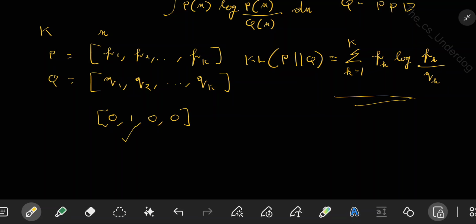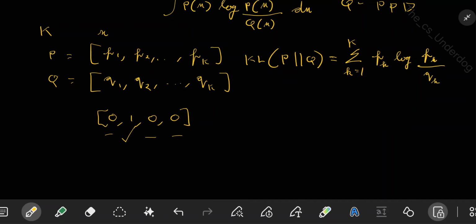Whichever is the actual class, that will have 1 and all other classes will have a value 0. If you are having a one hot representation of true labels, then think what happens to this formula. In this formula, you are going to sum over all the classes, but this value of pk will be 1 for the true class and it will be 0 for all the other classes.